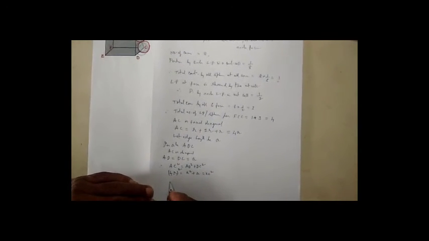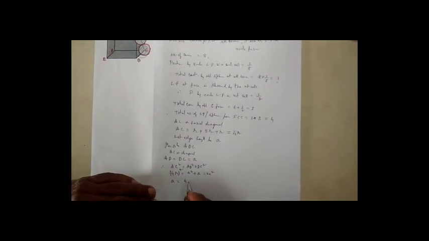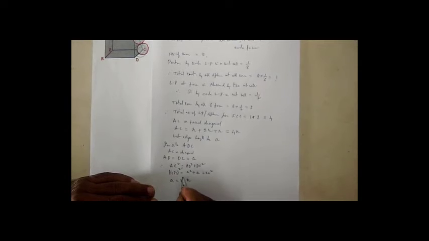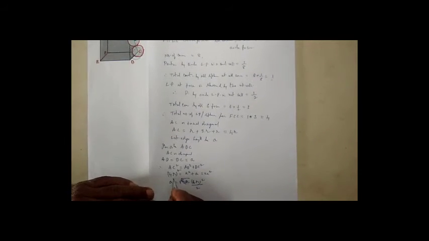Okay. Now, A square equal to 4R square by 2, so A equal to 2 root 2 R. So, edge length equal to 2 root 2 R.